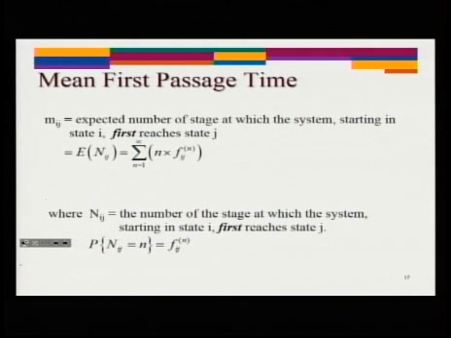Now let's talk about mean first passage time. The mean first passage time is represented by m sub ij. Like it says, it is the expected number of stages at which the system first reaches state j, starting from state i.